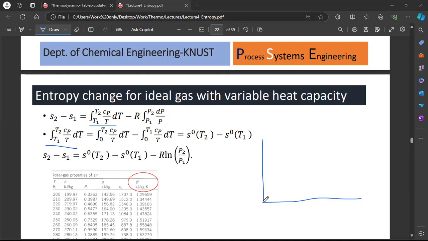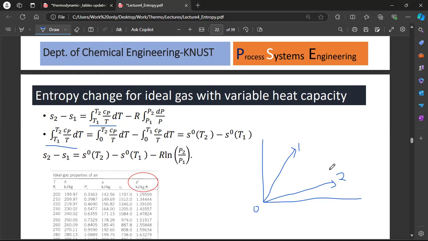So let's say I have a graph here, right? And I'm moving along a path to get to a final state. So this is 0. And then let's say this is going to be point 1. Then let's say this is going to be point 2, right? If I'm doing my integration from 0 to T1, and I'm doing my integration from 0 to T2, it can be this way.